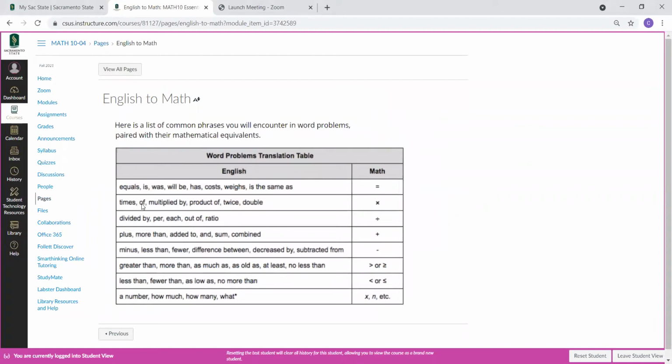And we used of. Of means multiply. So on the left side are possible words in a sentence, and then you can use the right side to translate it to math, from the English to the math. Some that we're going to get to today are like greater than or equal to, less than or equal to.